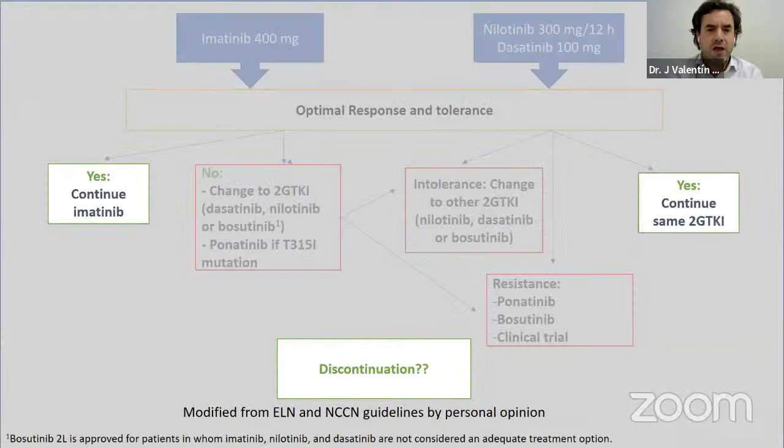So fortunately, an important proportion of patients are going to achieve what we commonly call an optimal response, which is that the patient achieves a major molecular response, the BCR-ABL level below 0.1%. But in addition, for those patients that achieve what we call a deep molecular response, we can obtain something that is considered at this moment a new endpoint.